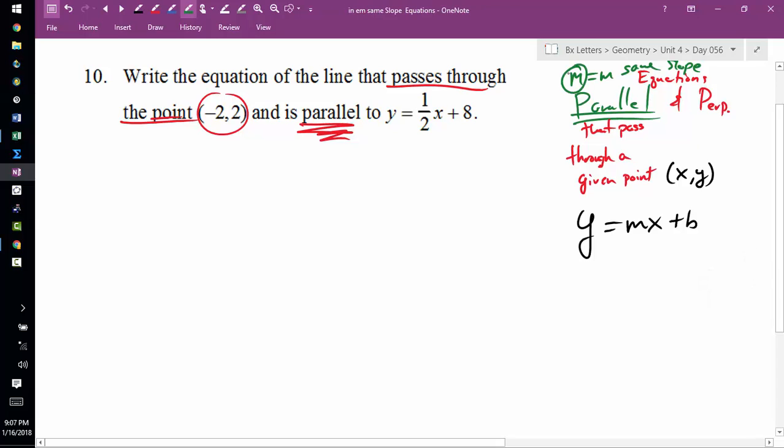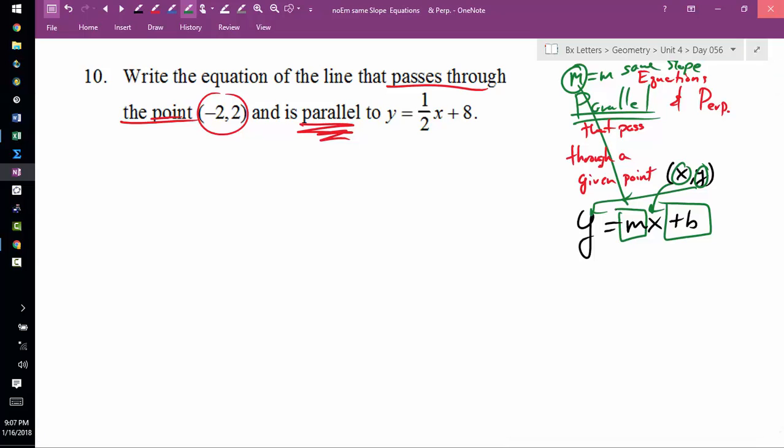So if we think about it, we've got three variables, and we can substitute them in, and that will allow us to solve for the y-intercept, which is something we need to write the equation of a line. You'll need the slope, which you'll have known, and the real trick to this problem is finding the y-intercept, because they're telling you to write the line that's parallel to this given one.